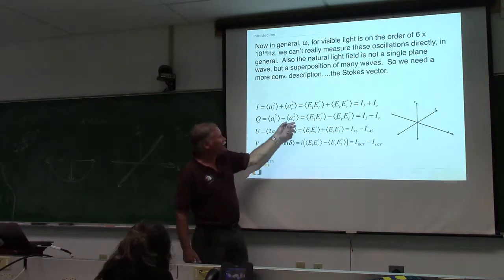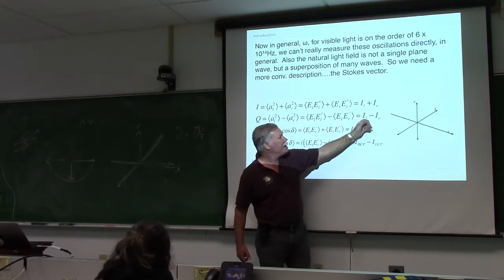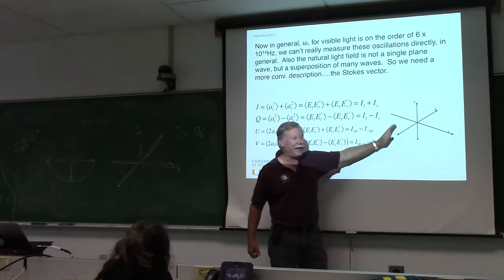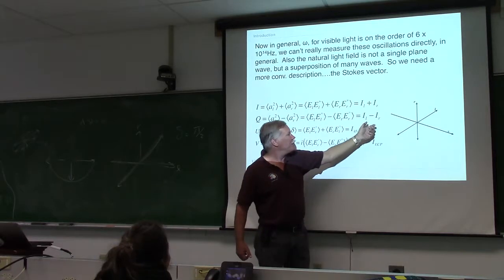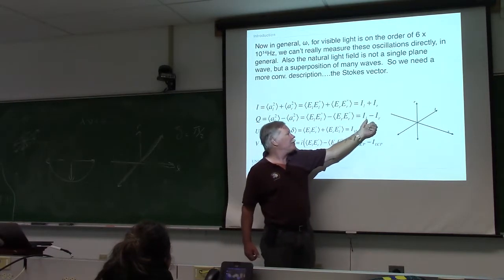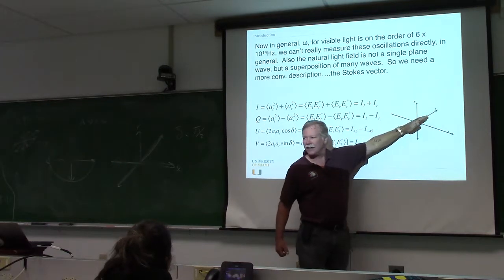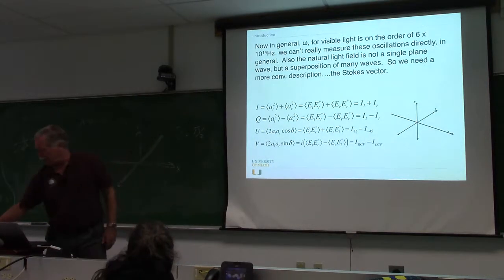The next Stokes element tells you how much light is linearly polarized along this plane minus the amount of light that's polarized along that plane. So if light is unpolarized, do you remember what happens if you look at light through a polarizer?